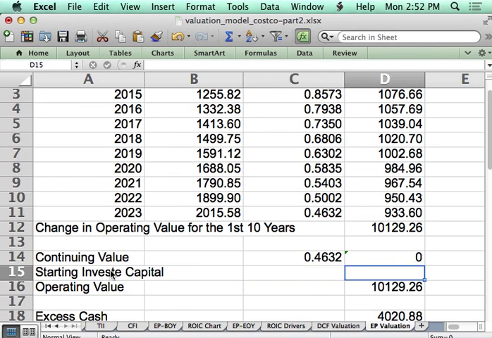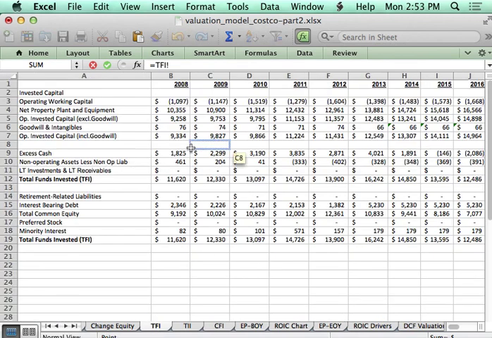And that is going to be equals, from my TFI, the operating invested capital, including goodwill, in 2013, which was the last of my actual years of the company. So G7.